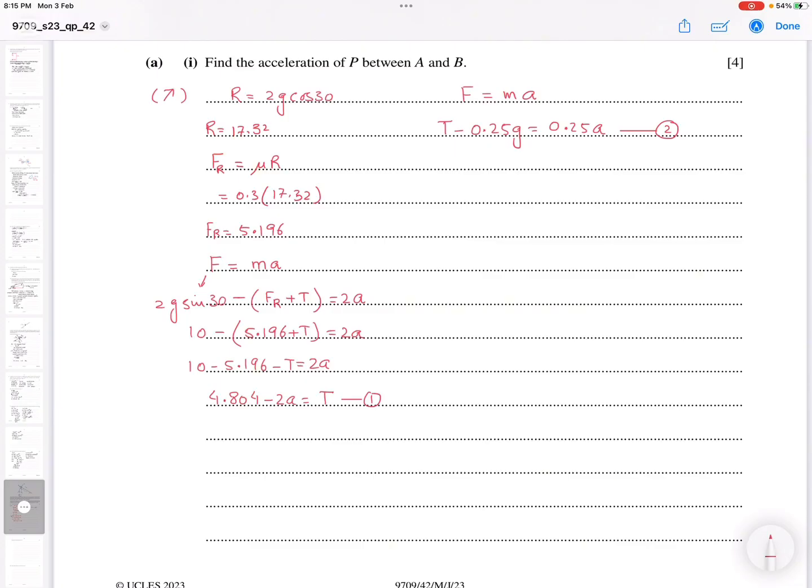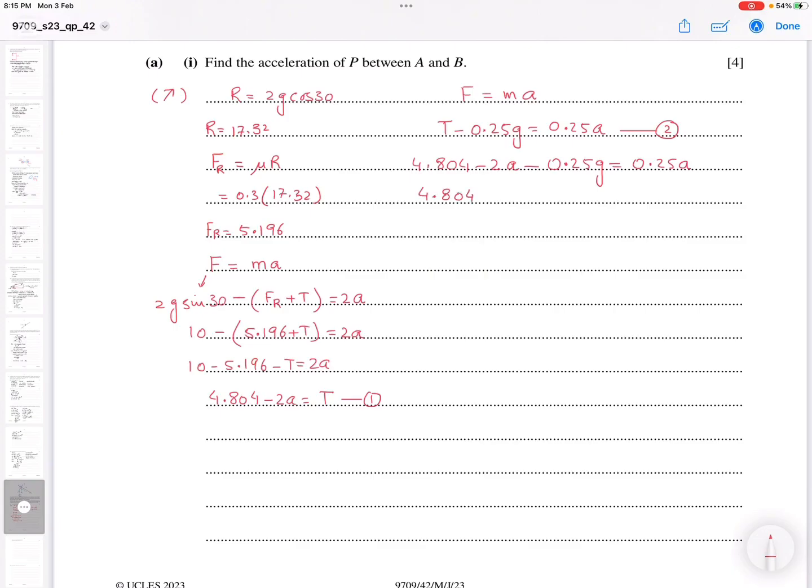Write it here for T in equation 2, which is 4.804 minus 2a, minus 0.25 g, and that is equal to ma. Mass is 0.25 a.